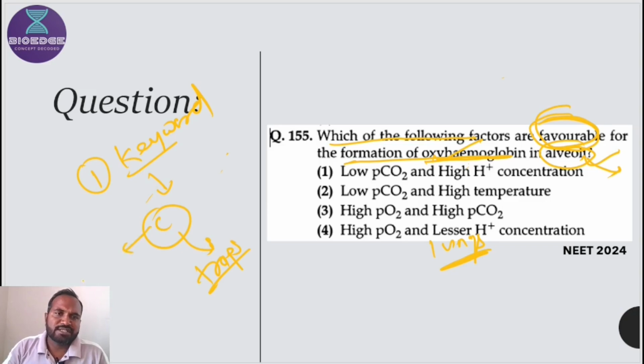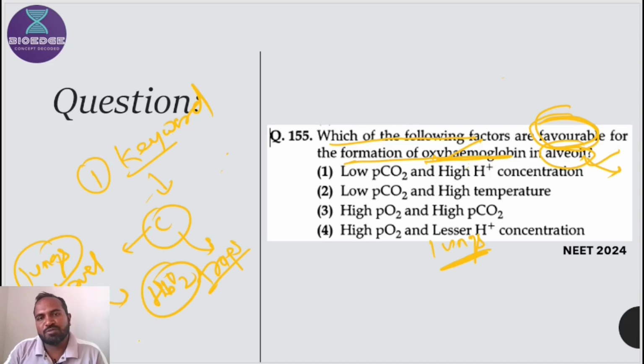They want to understand what factors at the lungs level are responsible for the formation of oxyhemoglobin. I will call it HbO2, oxyhemoglobin formation at the lungs level. This question requires conceptual clarity, and conceptual clarity requires understanding of NCERT. Conceptual clarity can be achieved through properly reading and decoding the NCERT.